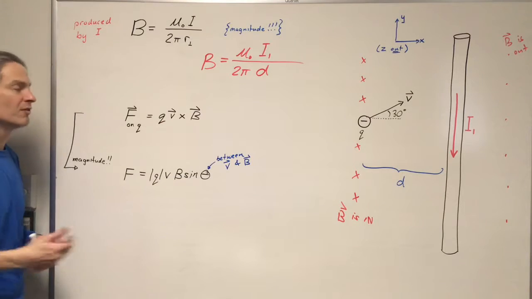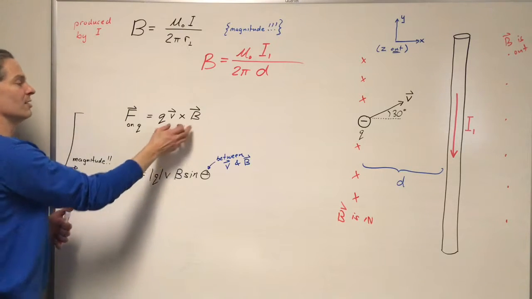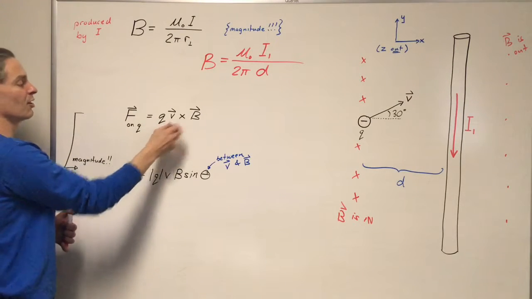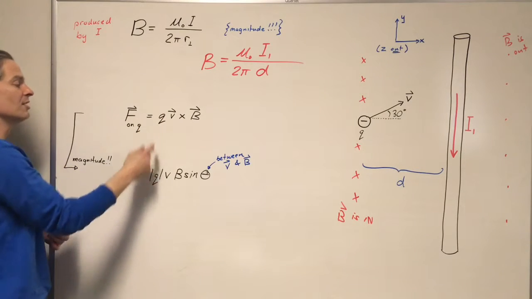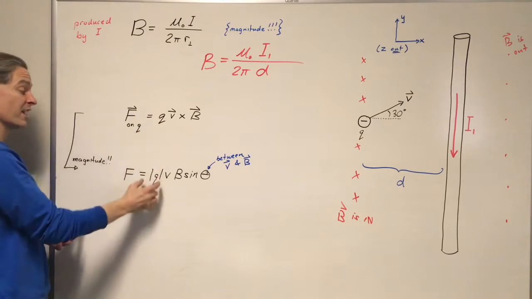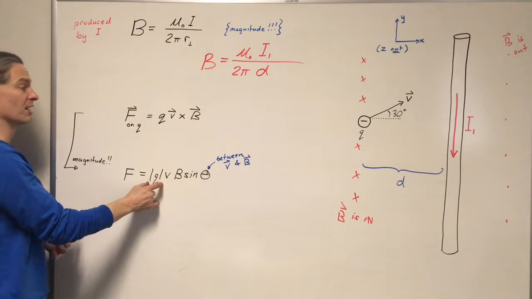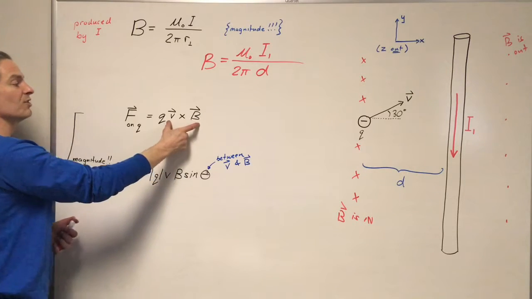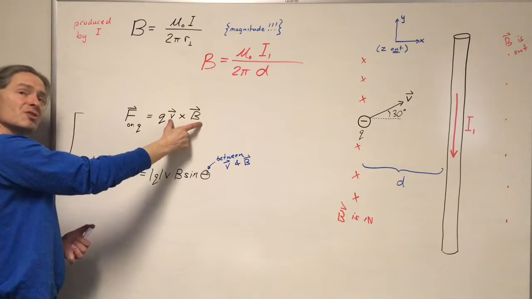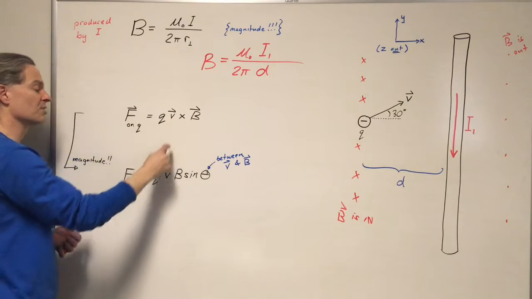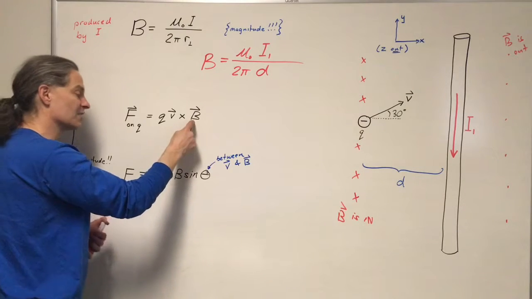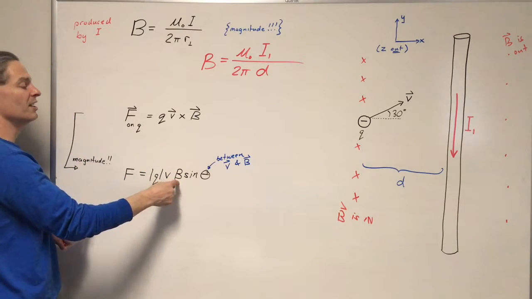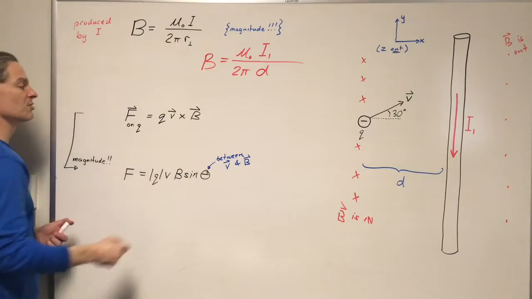To take the magnitude of a product of a scalar and a cross product, you first take the absolute value of any scalars out front. This charge could be positive or negative, so I need to put it in absolute value signs. And then I take the magnitude of this expression. To take the magnitude of any cross product, you take the magnitude of the first vector, so there's no arrow over that because it's a magnitude, the magnitude of the second vector, and then the sine of the angle between those two vectors.